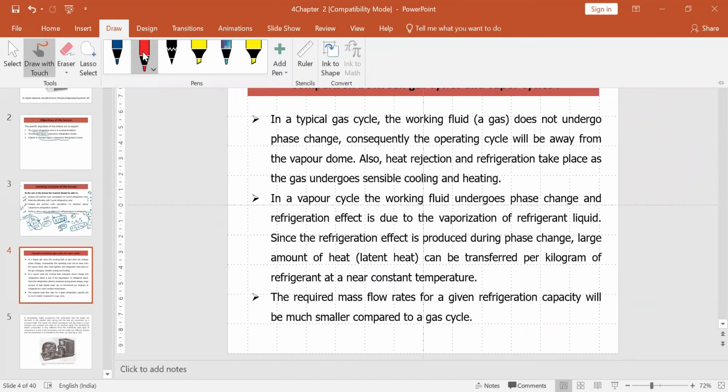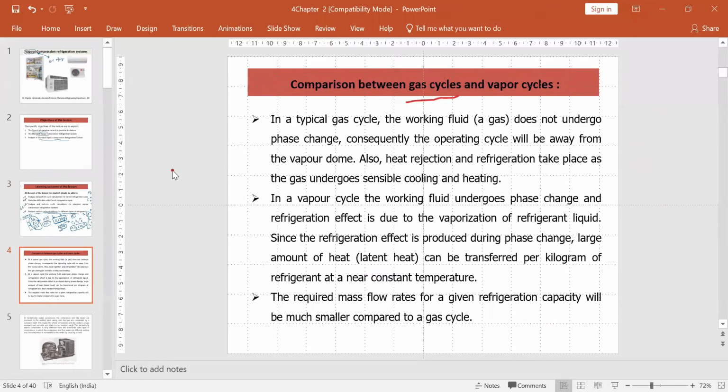Already we have studied the air refrigeration cycle, the gas cycle, and the next one is the vapour cycle. You see that word vapour. What is the difference? In the gas cycle or air cycle, in all these processes there is no phase change.